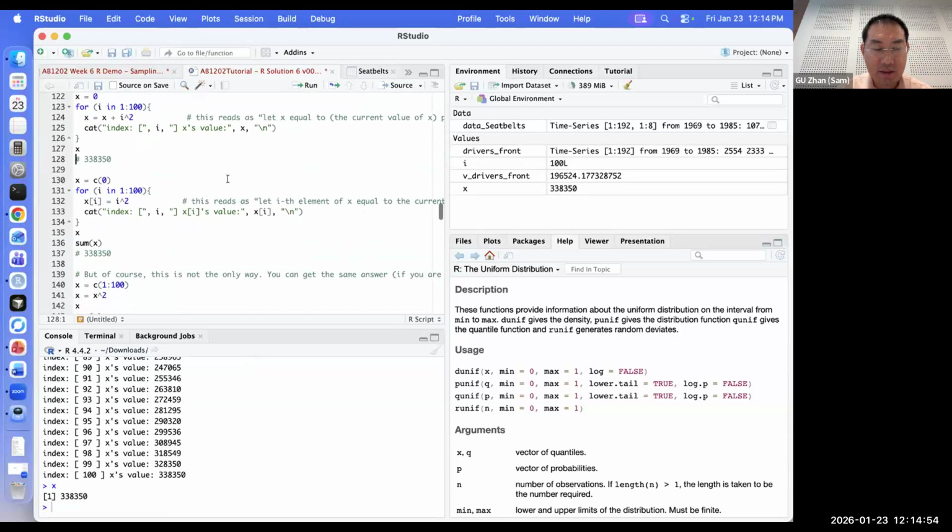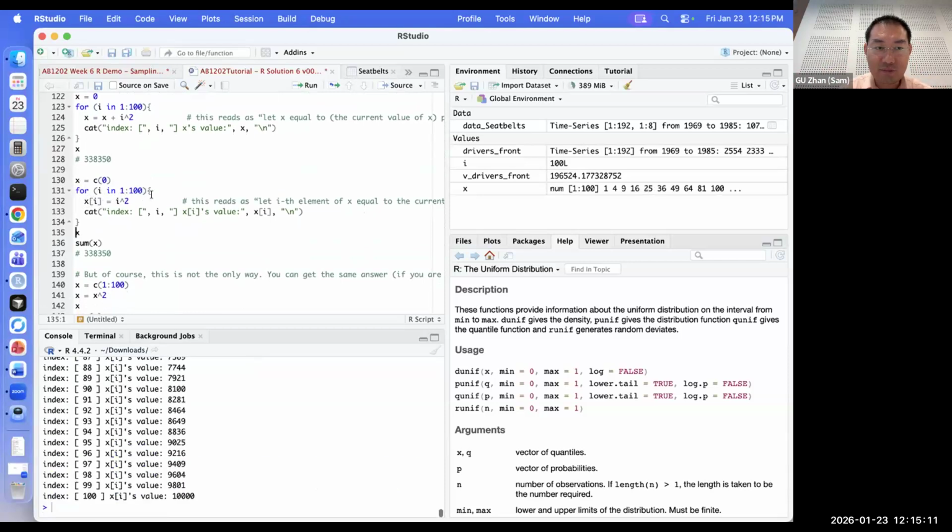There is another implementation here. Let's create x again, initialized as 0 or a list of 0. Then for i in 1 to 100, x1 equals 1 power 2, x2 equals 2 power 2.